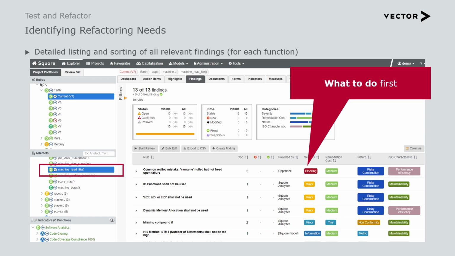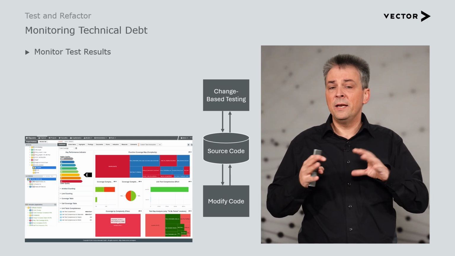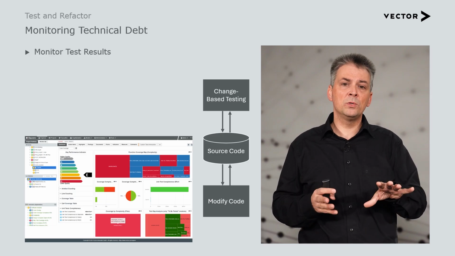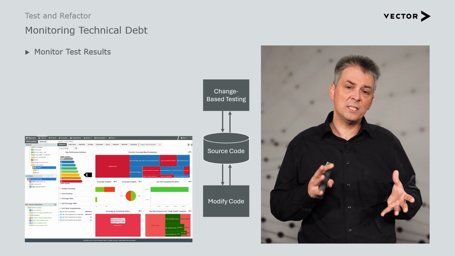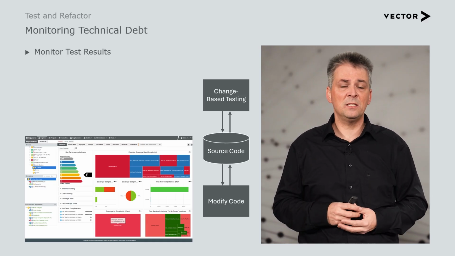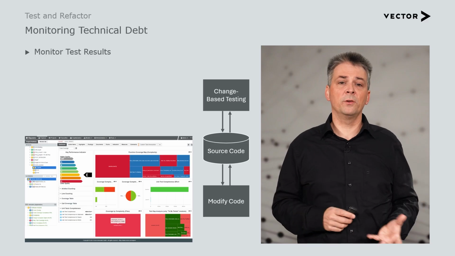So whatever we put in as data into the data intelligence tools, we can map the findings and the debt to this. And then once we have this overview and know what to do, we can modify the code, and then we can use the regression test script that we have generated before using the baselining and the existing test cases to monitor the test results while we modify the code.